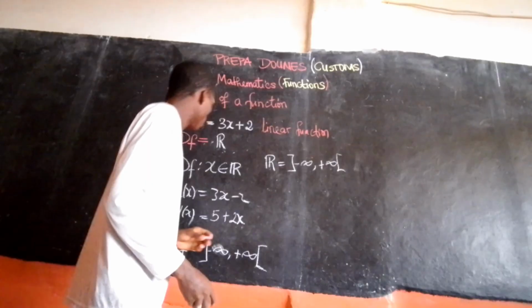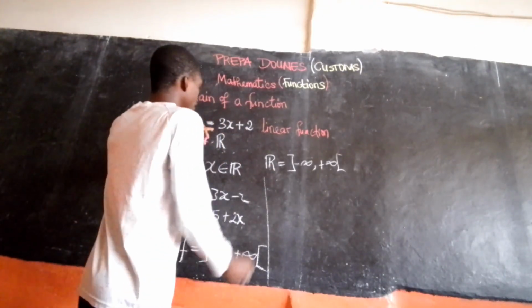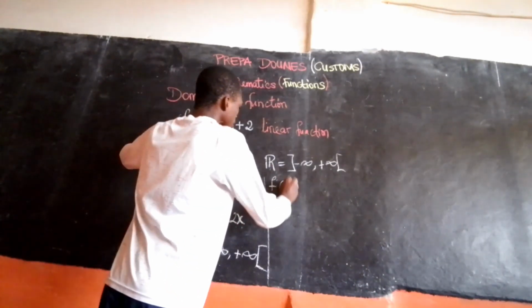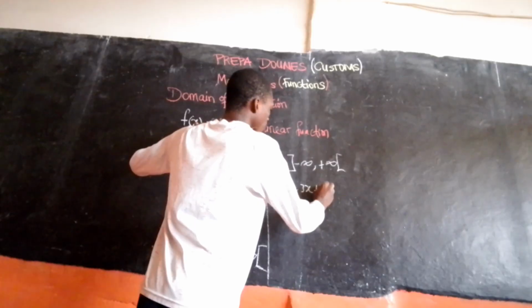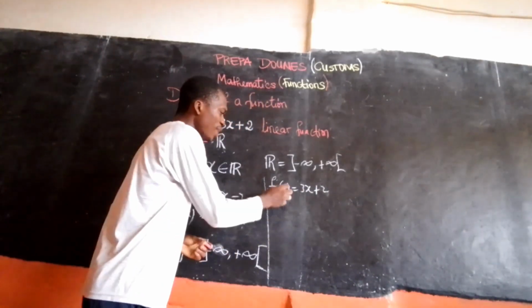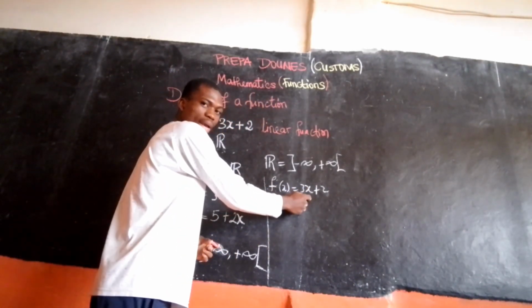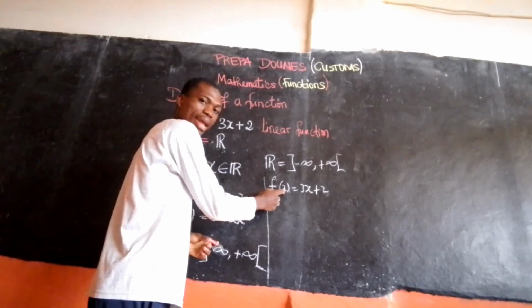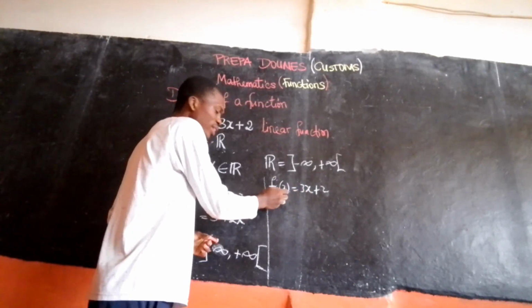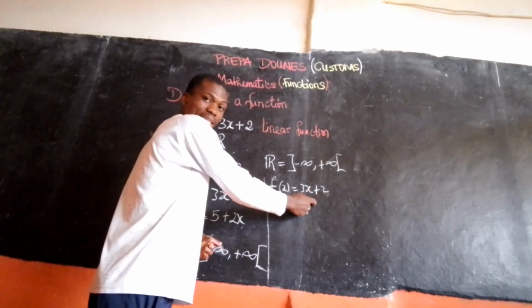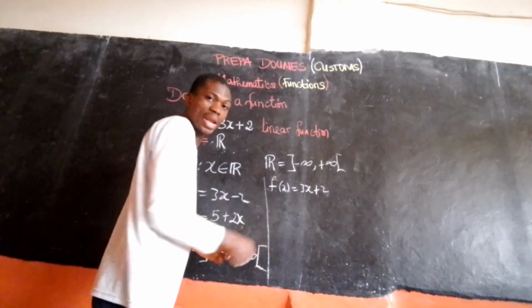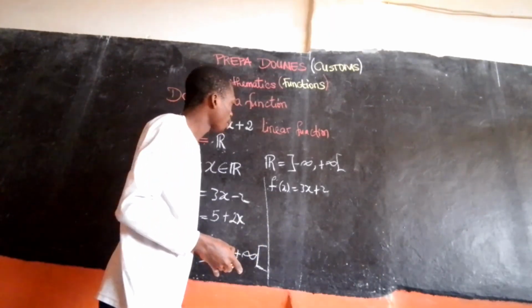For example, we are going to take the function f of x equal to 3x plus 2. If x is 2, the function will exist. If x is negative 10, the function will exist. If x is 20, the function will exist. And we are going to see this when evaluating functions.